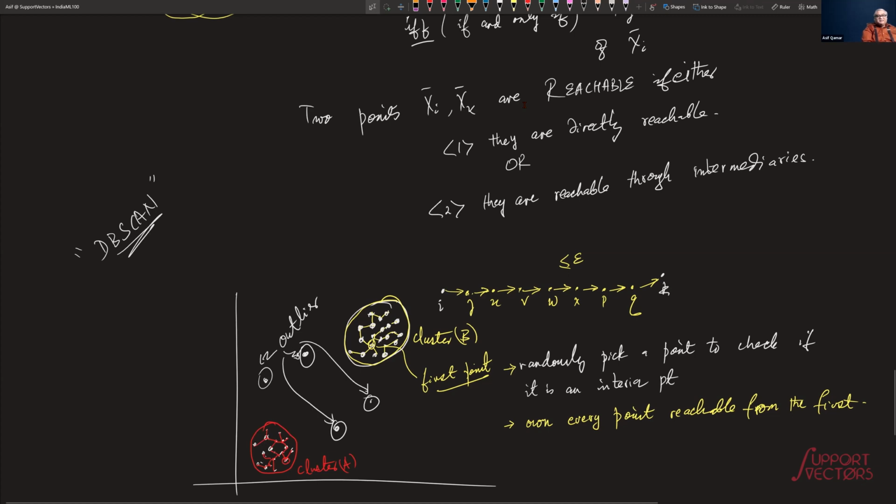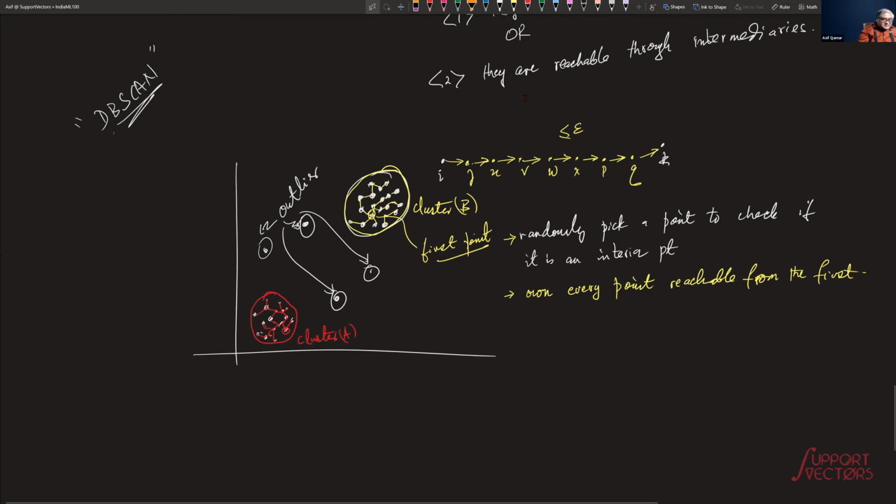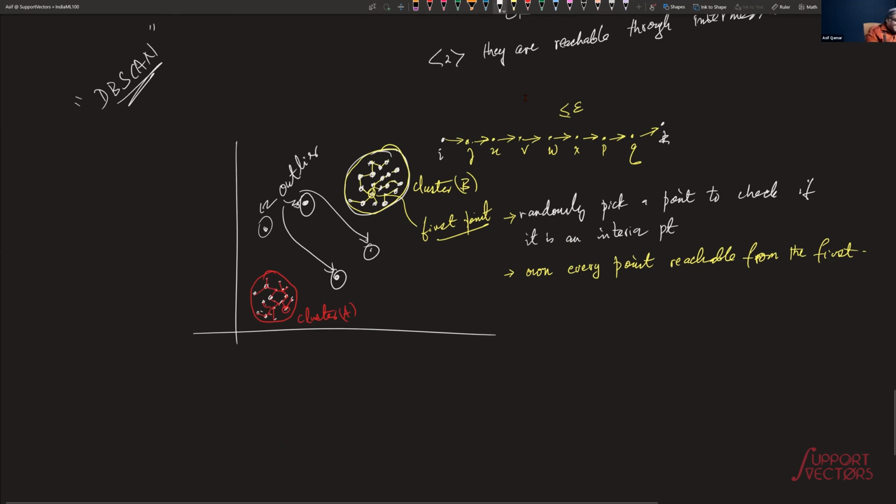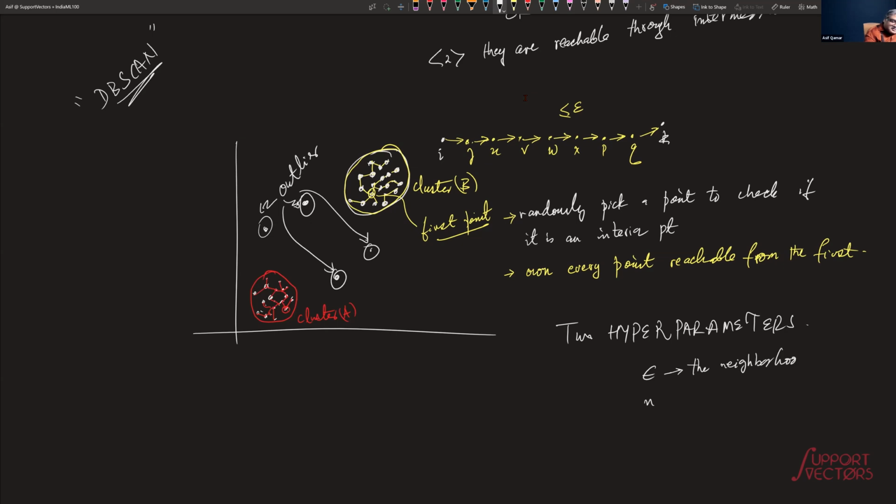Now, DBSCAN had a limitation. Remember that we have two hyperparameters, epsilon and the number of points. The neighborhood region definition: epsilon is the radius of the neighborhood region, isn't it?